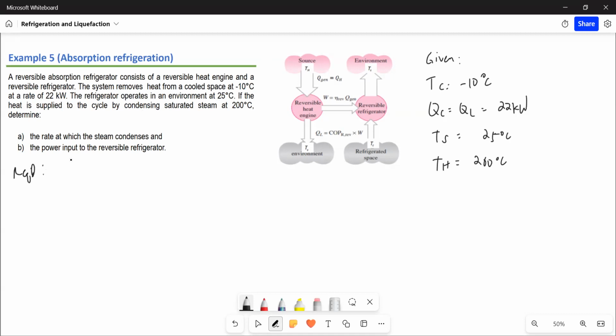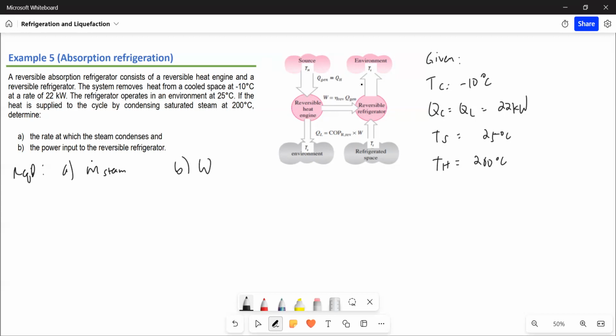Required is the rate at which the steam condenses, so the mass flow rate of steam, and also the power input W, this one, the power input to the reversible refrigerator.